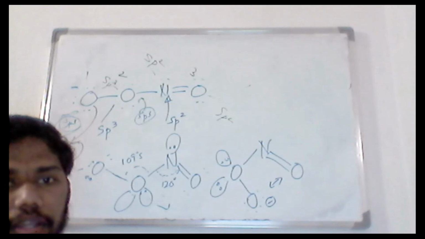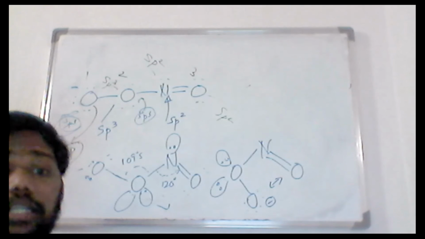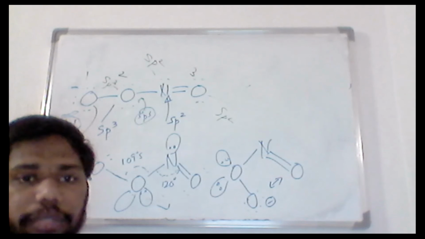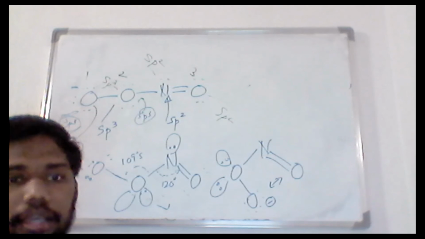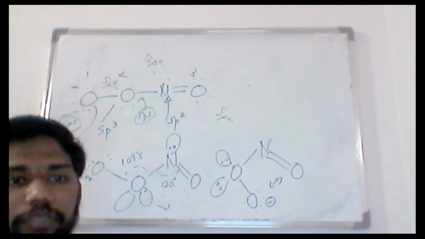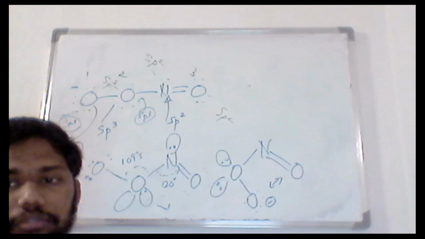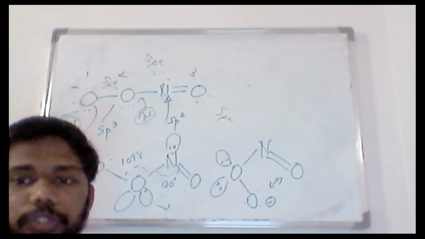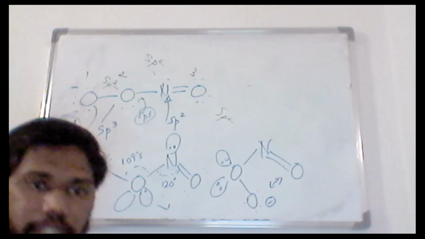But since this is a terminal oxygen atom, remember the term, terminal, it can be 2p as well. But the most acceptable is 2p. So you're correct, 2p is correct.